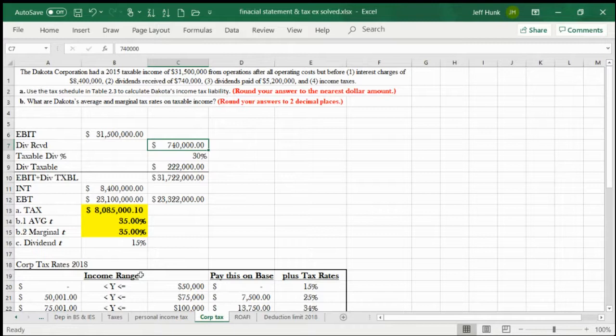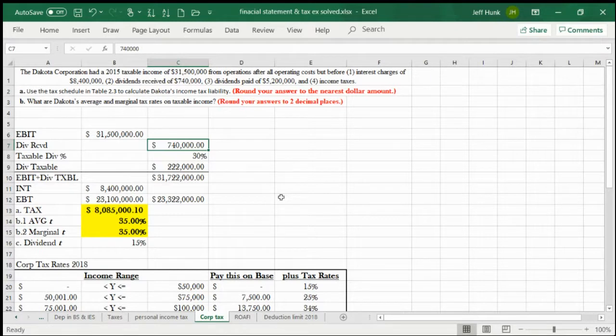Dividend 740K. Now, dividend income is, of course, taxable. And you remember, it will be taxed at 15%, 12%, after 2015.